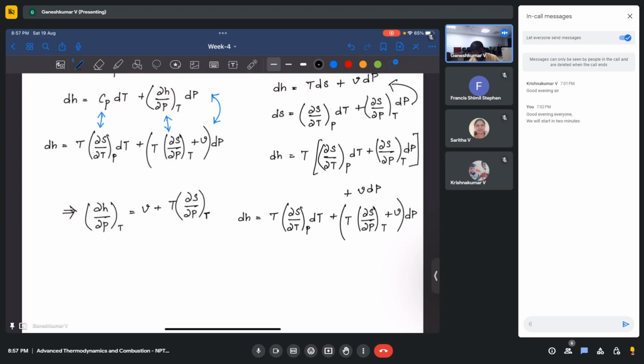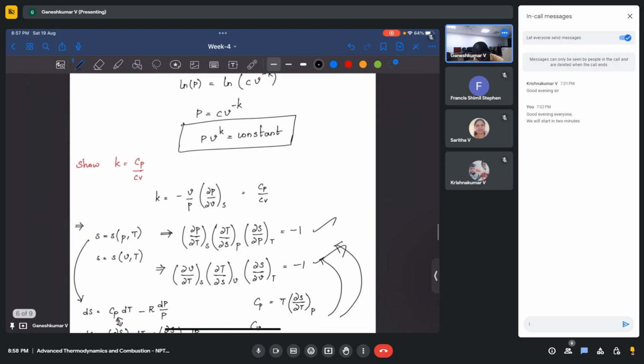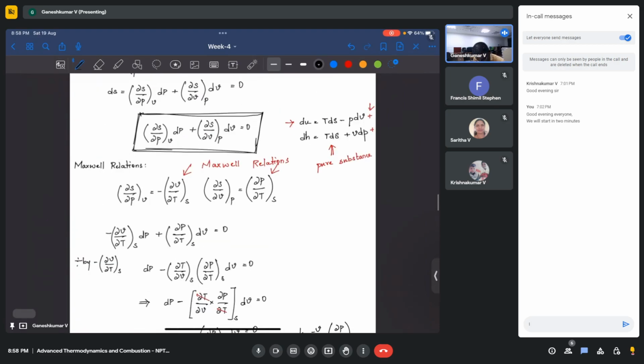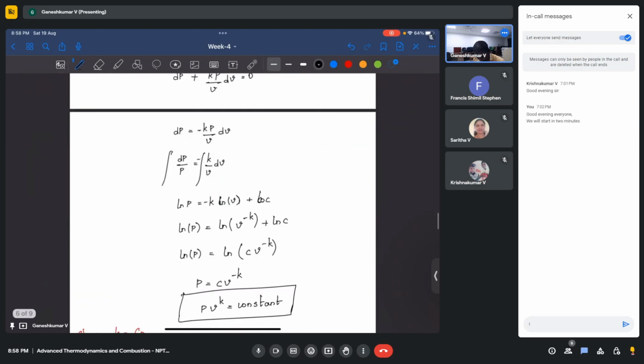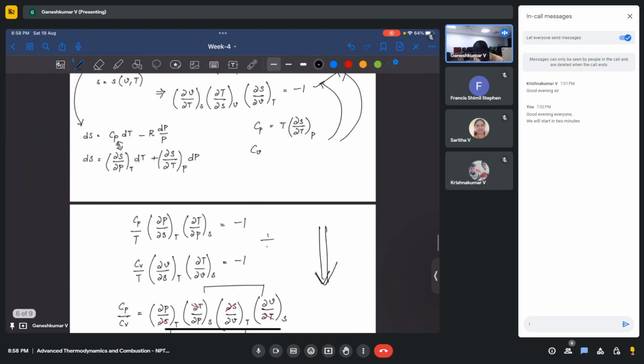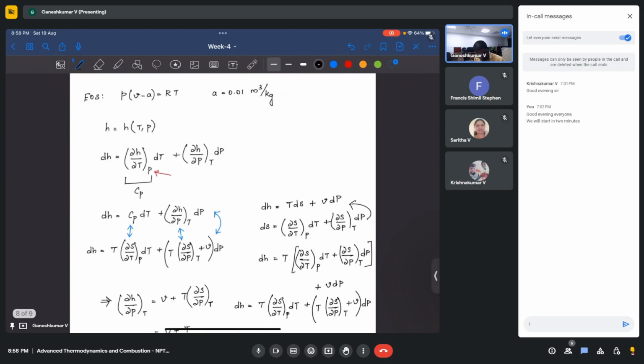Now, we know about ∂S/∂P at constant T. There is one Maxwell relation for it, I think we already did this here. Can you guys quickly tell me what is the Maxwell relation for that?